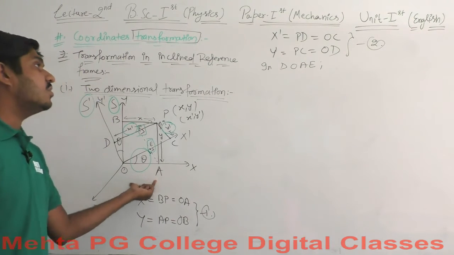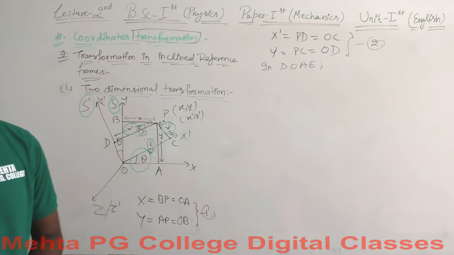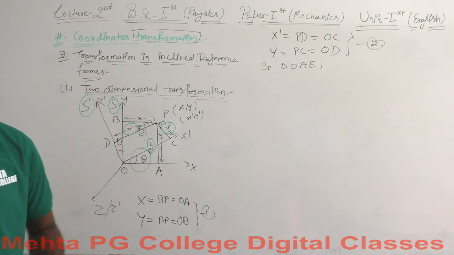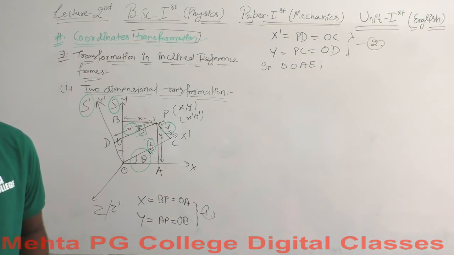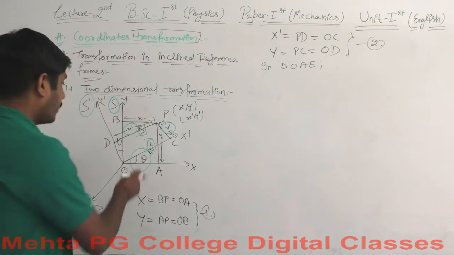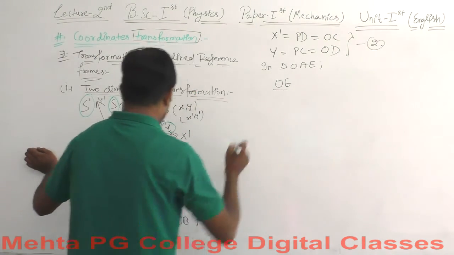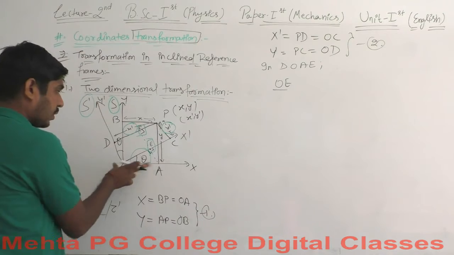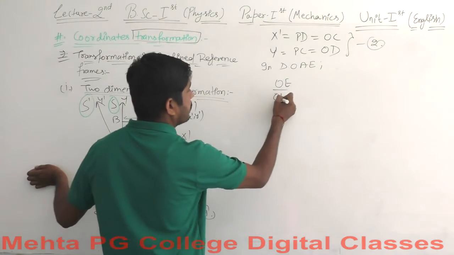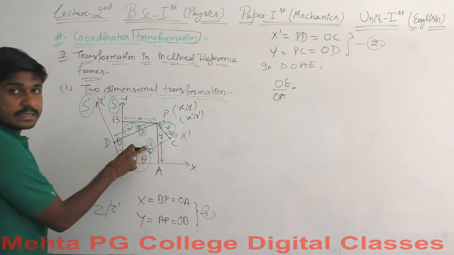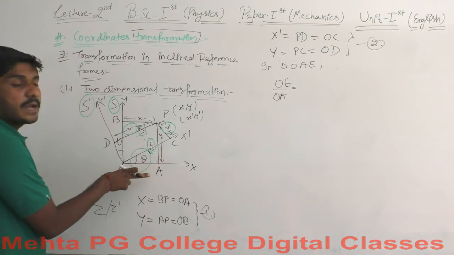So finding out OA, what should be the value of OA? OE upon OA is equal to, this is the base, and this is the hypotenuse here.